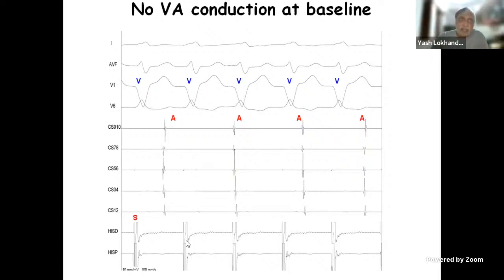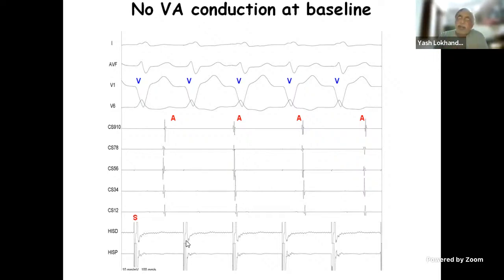Now let's translate that to atrium and ventricle. For an atrial impulse to go through the pathway and excite a much larger ventricular mass is more difficult than an impulse going from a larger ventricular mass to a smaller atrial mass. Therefore, if an accessory pathway is present, let's say a left-sided pathway, it can conduct in both directions theoretically.